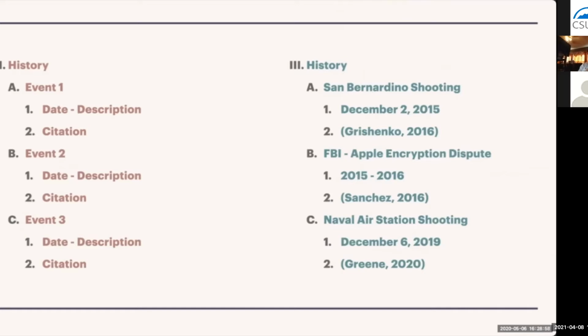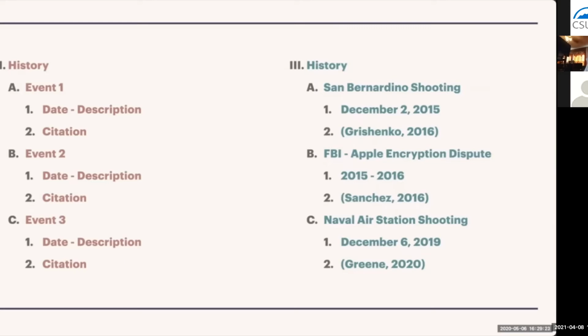So when we're talking about encryption backdoors, particularly the disputes between FBI and Apple, you'll notice that the San Bernardino shooting was a big deal in terms of this debate because this is what set everything off. December 2nd, 2015. I know many of you are still very aware of what happened.